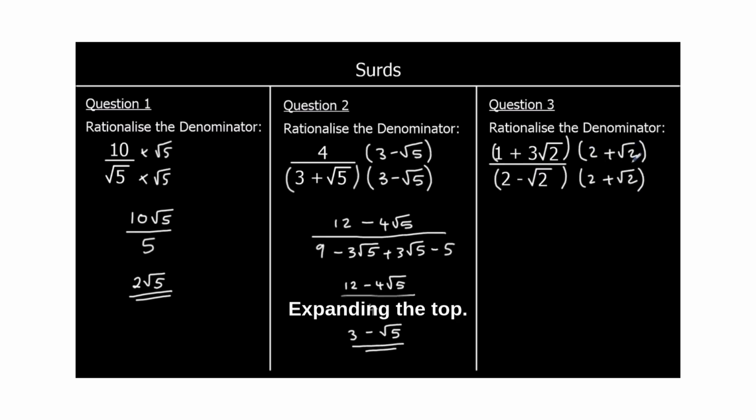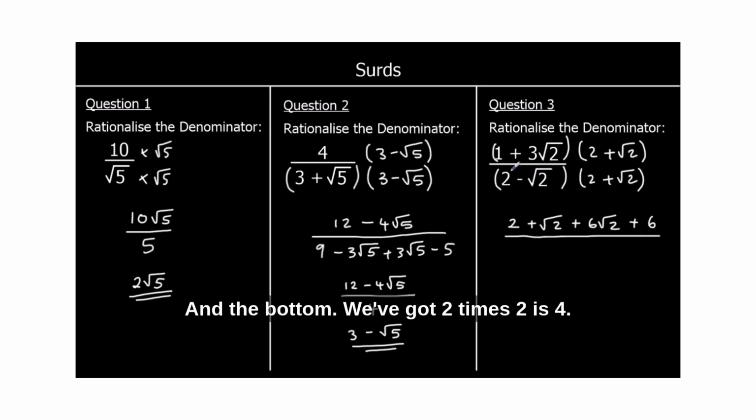So expanding the top, 1 times 2 is 2. 1 times root 2 is root 2. 3 root 2 times 2 is 6 root 2. And 3 root 2 times root 2, so 3 times root 2 times root 2. Root 2 times root 2 is 2, and 3 times 2 is 6.